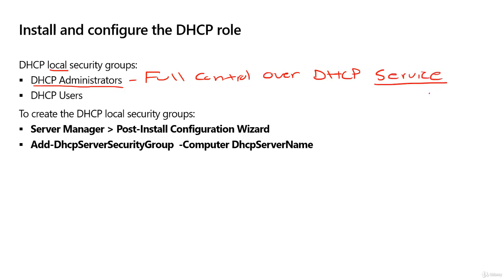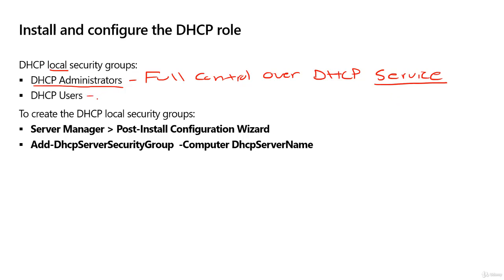Service is a key word. This does not make you an administrator on the server. This does not mean you could go install software or anything like that. You can open the DHCP console and you can configure anything in DHCP. So just full control over the DHCP service itself.